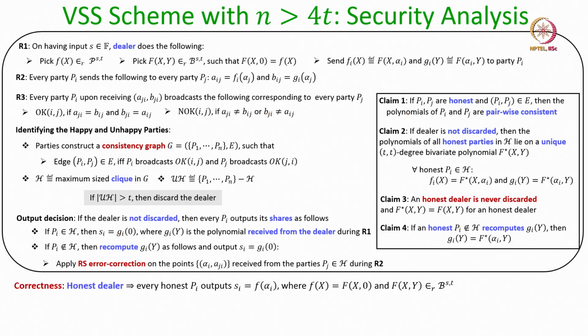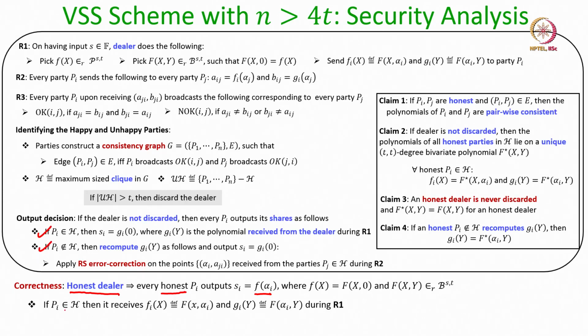Let us prove next the correctness property, for which again we have to consider an honest dealer, and we want to show here that if the dealer is honest, then there exists a t-degree sum sharing polynomial such that every honest party outputs a share which is the value of that sum sharing polynomial at alpha i. Now, you can see there are two different ways by which a party would have computed its share.